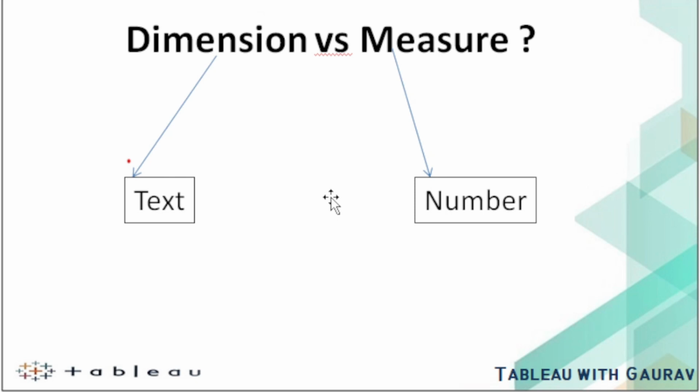The second question that comes to mind: what about the date? Date is basically a dimension, but sometimes it behaves like a measure. If you take the difference between dates, you get a number like 4 days, 15 days, or 1 month, 2 months. So it behaves like a measure sometimes.